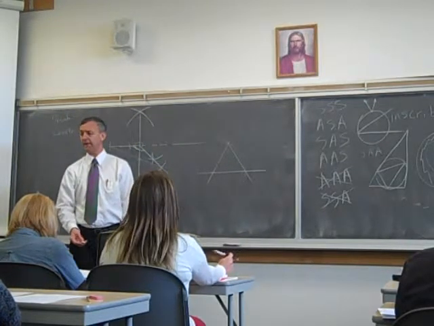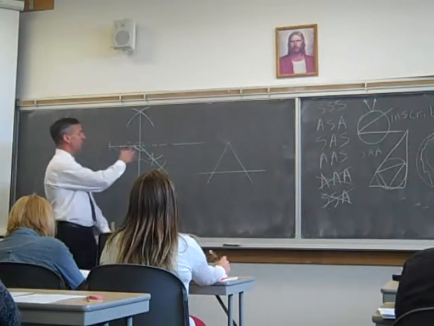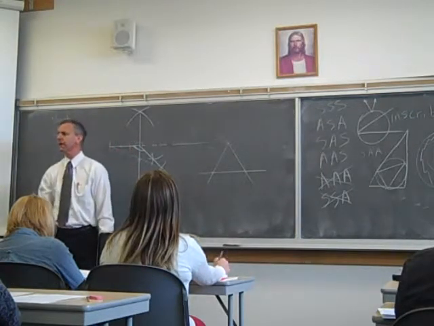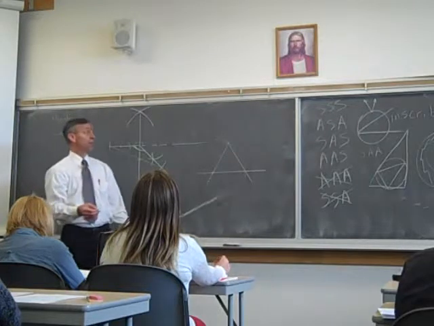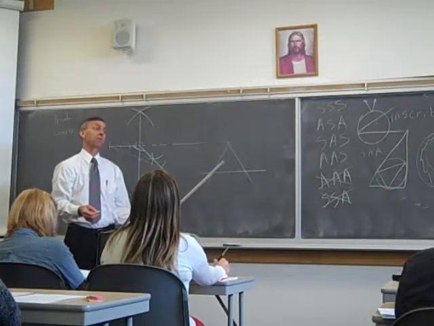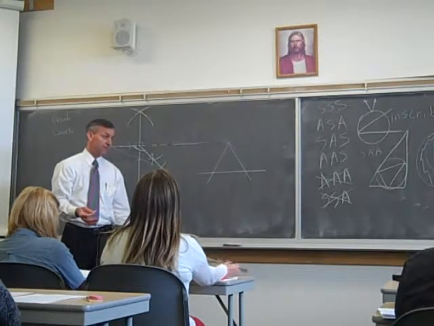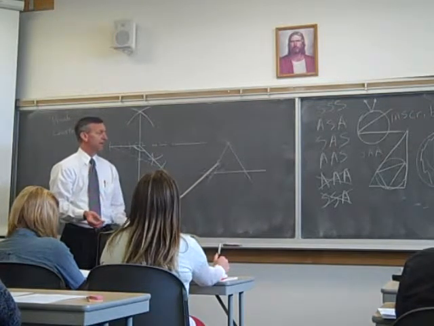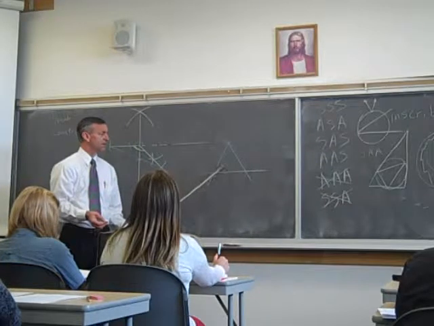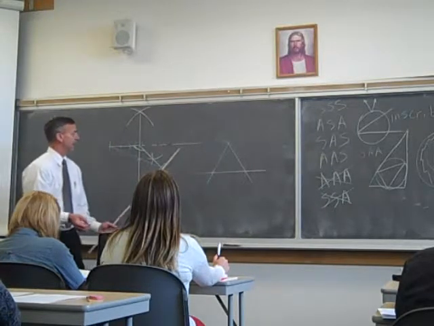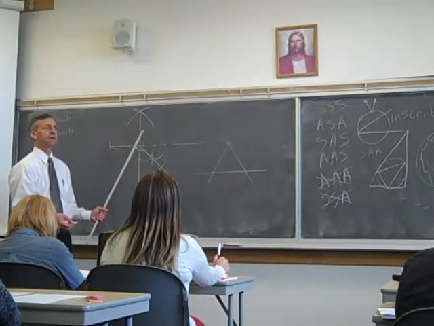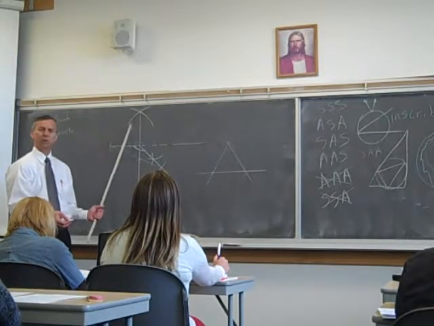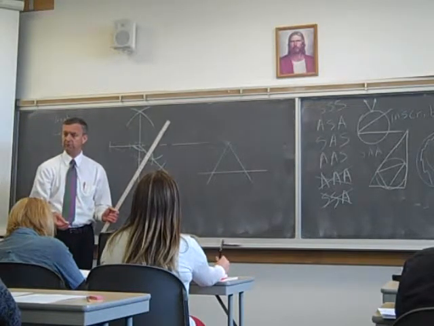So we can make 90s, we can make 60s, we can make 135s. What else could we make? Well, we can bisect those 60s, so we could get a 30. And we could put a 30 with a 90 to get 120, if you wanted to.